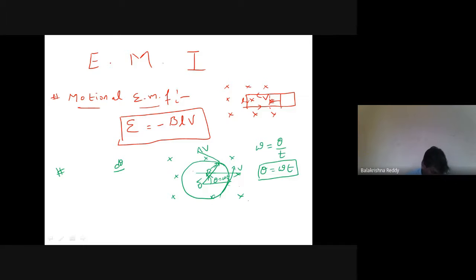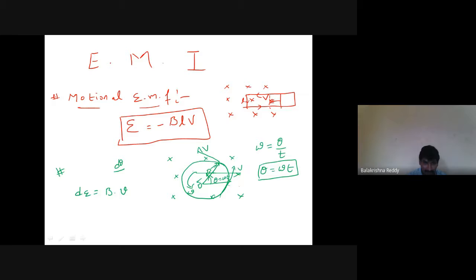Now, whenever it has moved, here angular displacement is taking place about a point O, and at the same time perpendicular to that, angular velocity omega also we will take. Now, how can we find the EMF here? Since it has displaced, it produces a small EMF dE. The magnetic field remains the same and it is displacing along its linear velocity.